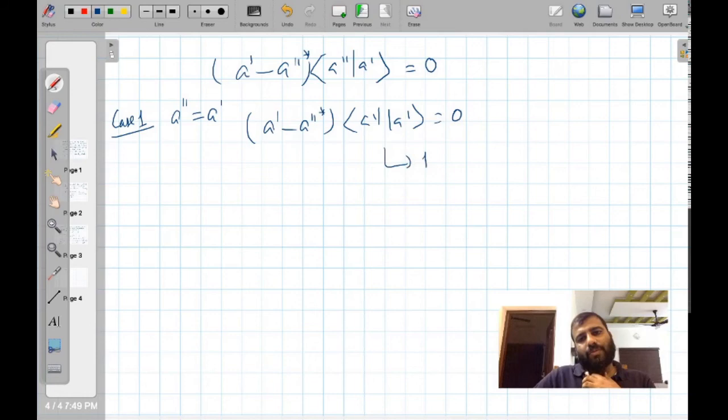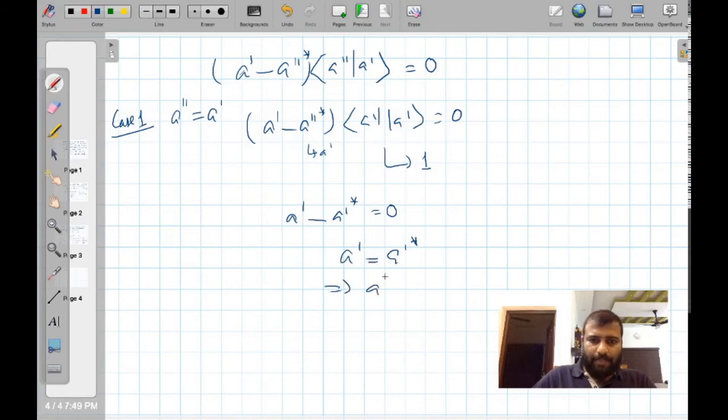We know <A'|A'> is equal to unity, so A' minus A' star has to be 0 because this is 1, which means A' equal to A' star, which implies A' is a real quantity. So we have proved the first part of the theorem.